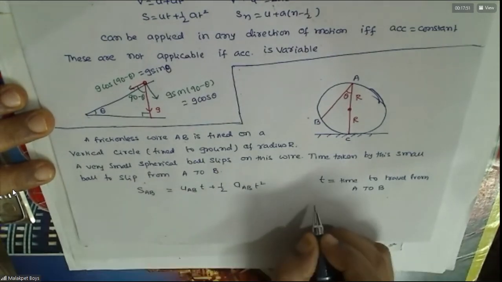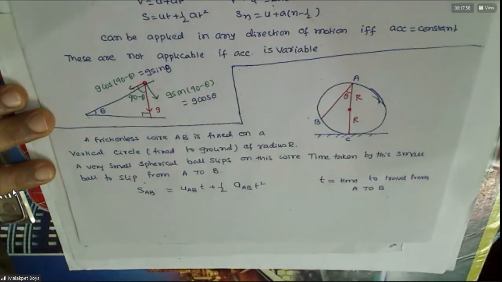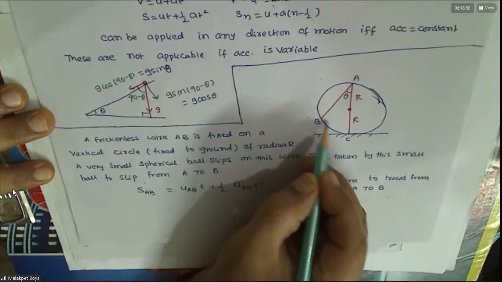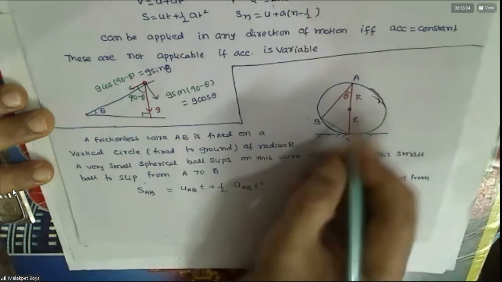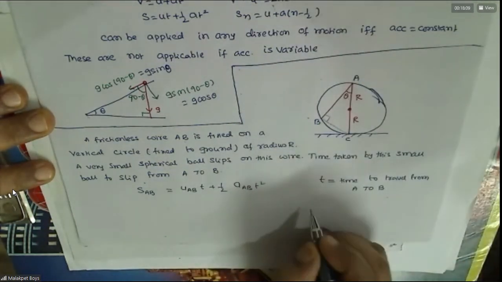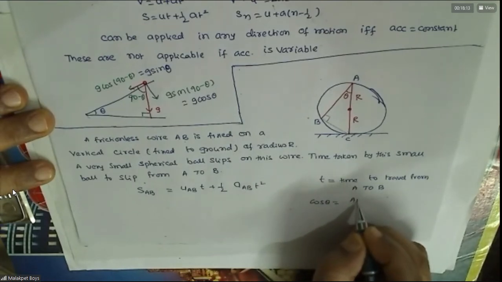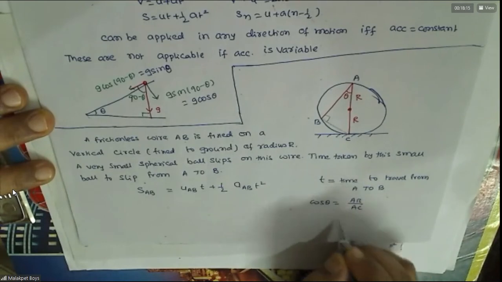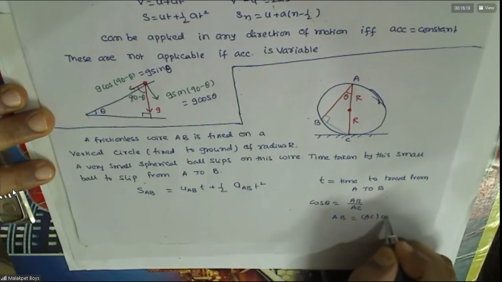Now, the angle in a semicircle, you studied during childhood, is 90 degrees. So this is 90. Agreed? Therefore cos theta in the triangle is adjacent by hypotenuse: AB equals AC cos theta.